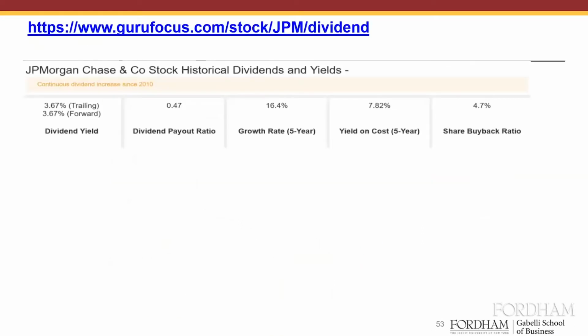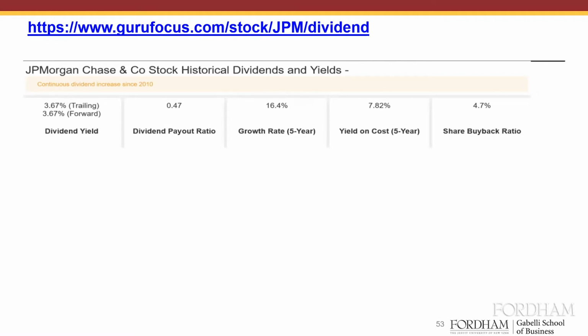So let's put this together. If we go to gurufocus.com, we can see the dividend payout ratio at 0.47. We can look at the dividend yield at 3.67 on a trailing basis, meaning the last 12 months.